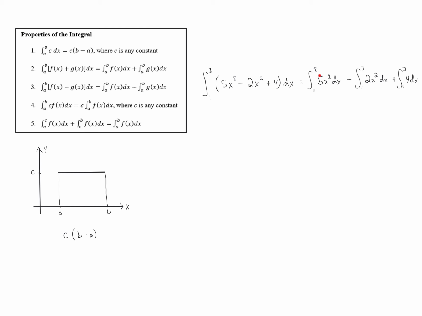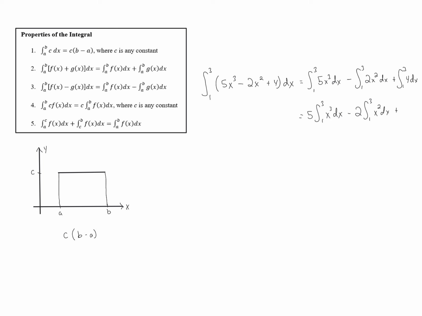And then if we have these coefficients, we can pull them outside of the integral to make the inside even simpler. We could write this as 5 times the integral from 1 to 3 of x cubed dx minus 2 times the integral from 1 to 3 of x squared dx.